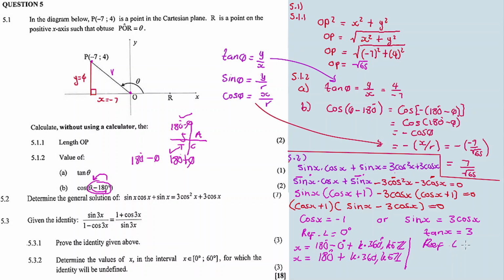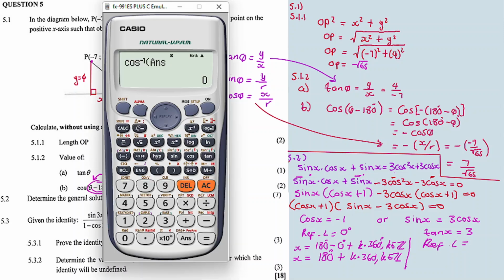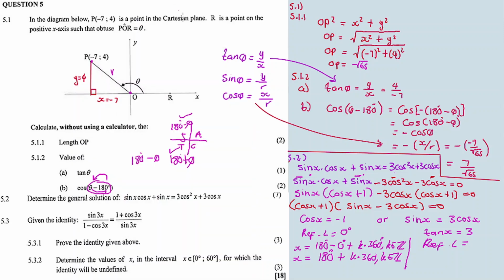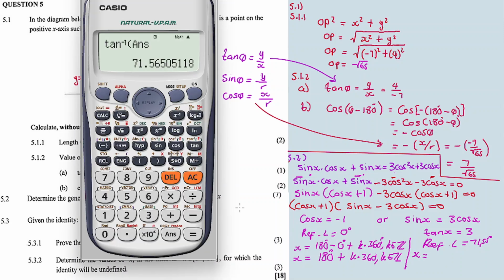Starting with the reference angle for tan x equal to 3, shift tan equal to 71.55 degrees. Therefore, tan is positive in the first quadrant as well as the third quadrant. So for the third quadrant, x is equal to 180 degrees plus the reference angle of 71.55.